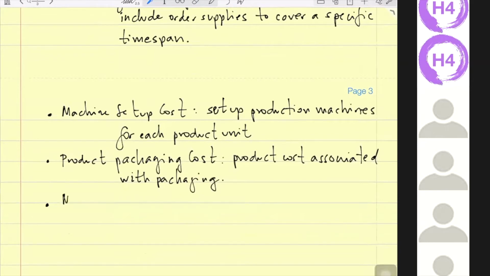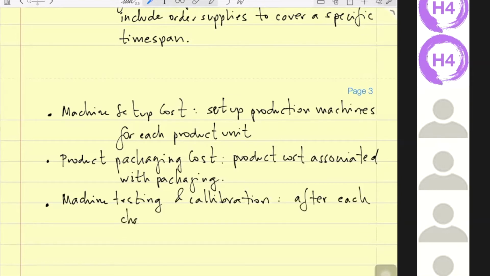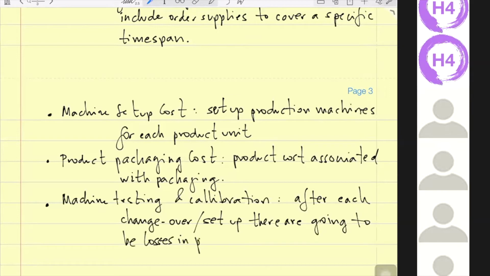Machine testing and calibration after each changeover or setup, we have to calibrate. There are going to be losses in production time.